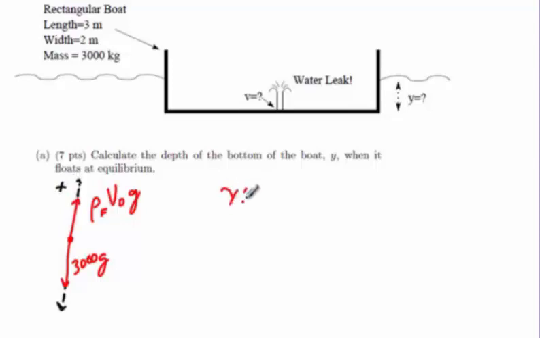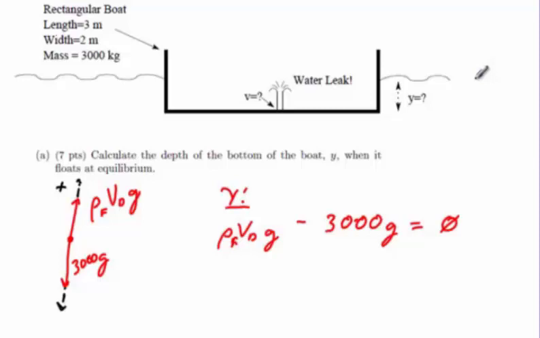In this case, the force in the positive direction is density of the fluid times the volume displaced times g, and the force in the minus direction is the weight of the boat, 3,000 g. As always, the sum of the forces is m times a, and the acceleration of this object is 0.